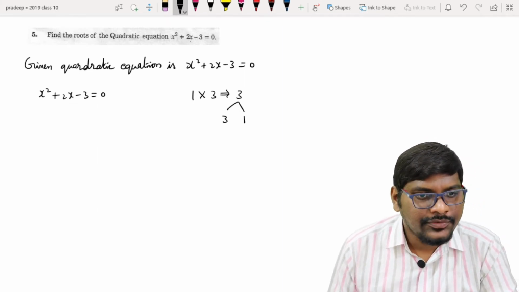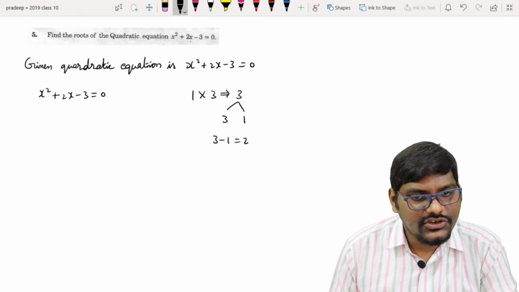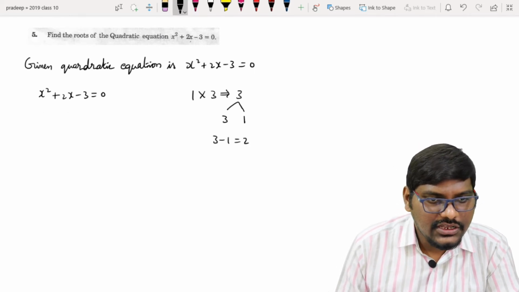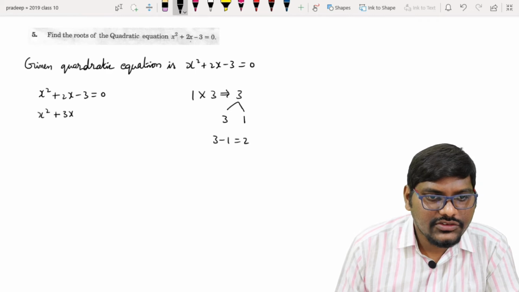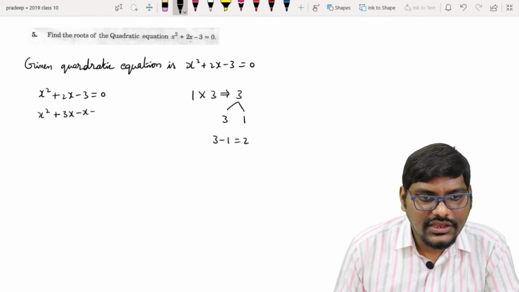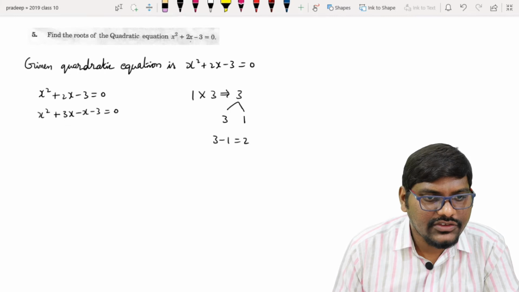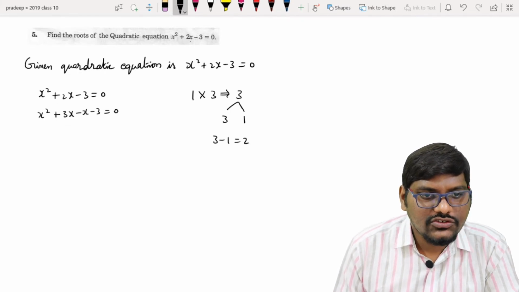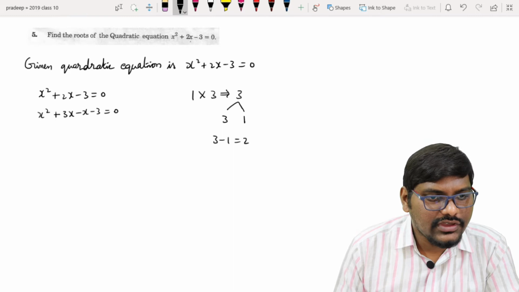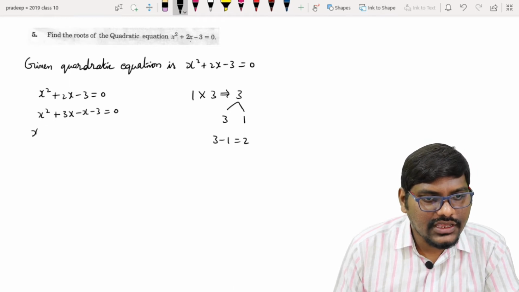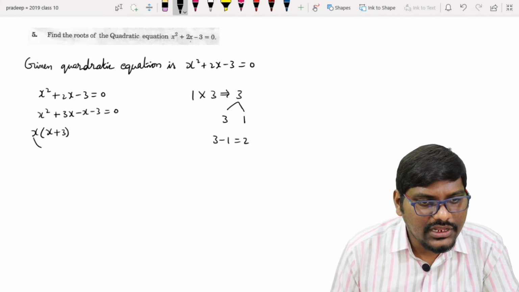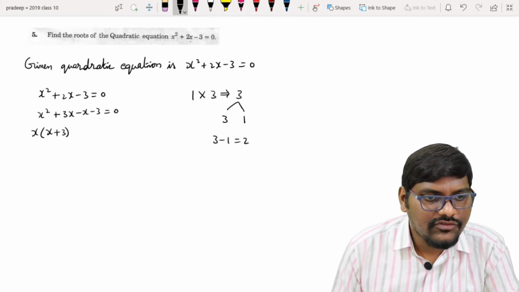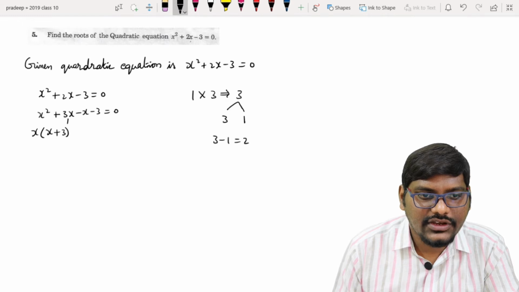So you can simply write 3 minus 1, which is 2. So we'll write the same thing here. That is x square plus 3x minus x minus 3 equal to 0, where 3x minus x is again 2x. So the middle term is satisfied. From the first two elements, we can take x as common. So x plus 3 remains, because when I multiply x into x, I get x square, and x into 3 gives 3x.